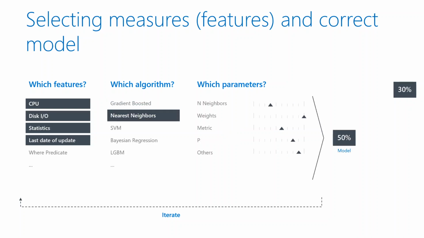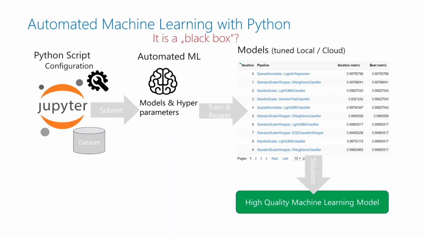If I use, for instance, automated machine learning with Azure, I can just put in some data and say, okay, the machine will use the best algorithm for me, and based on those parameters, I want to find the best model for my prediction. Once I have that, I can basically find the best model.